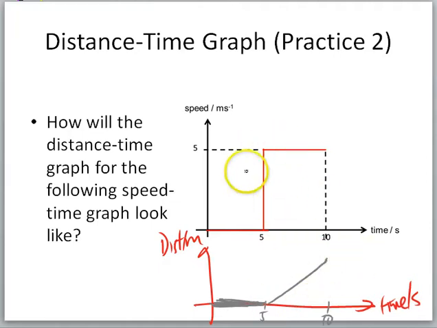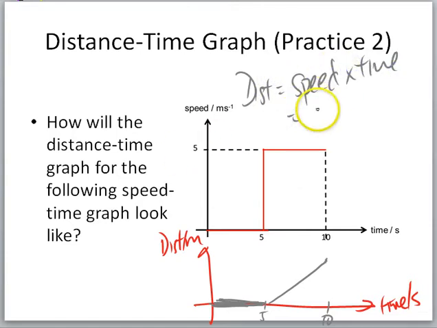Now, the question lies in, so what's the distance covered? Distance covered is equal to speed times time. So we know that the speed from here is 5 meters per second. But what's the time here? You realize that we are measuring the time from 5 seconds onwards until 10 seconds.